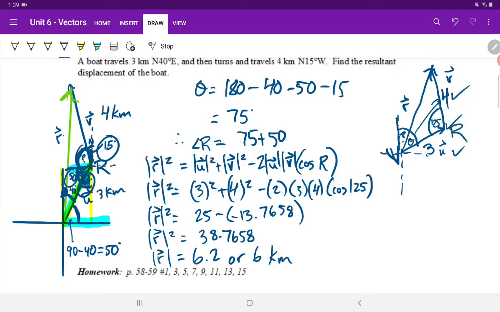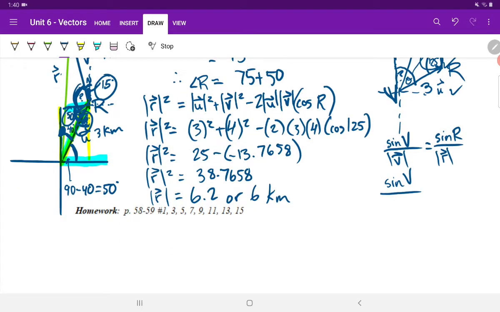Let's call this R, and let's call this U. So let's use the sine law to find V. Now, I know my R is 6, and I know my angle there is 125, so I'm going to use R and not use anything with U. Sub in all your values and cross multiply.